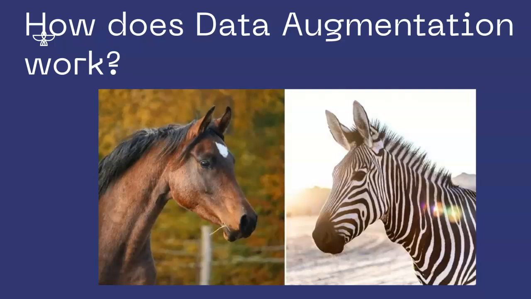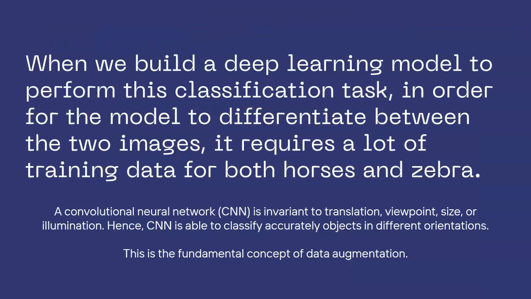And how it works: if you consider this example, the classification of horse and zebra. Here, for example, we have only two images, but in order to classify using convolutional neural networks, it needs more data. So in order to get more data, we have to apply the fundamental concept of data augmentation.